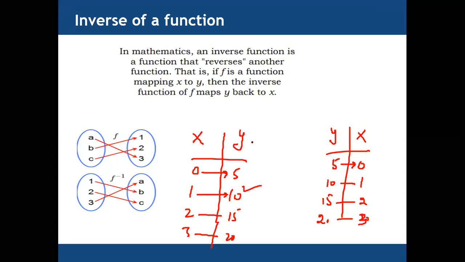So you can see here, the domain of one is equal to what? Equal to the range of the second one, and the domain of the second one is equal to the range of the first one. So these types of functions are called inverses of each other.